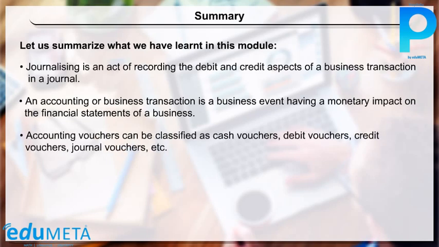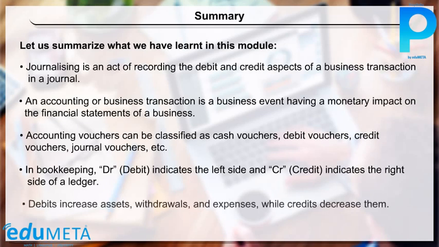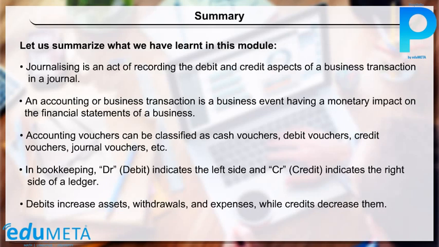Accounting vouchers can be classified as cash vouchers, debit vouchers, credit vouchers, journal vouchers, etc. In bookkeeping, DR or debit indicates the left side and CR or credit indicates the right side of a ledger. Debits increase assets, withdrawals, and expenses, while credits decrease them.